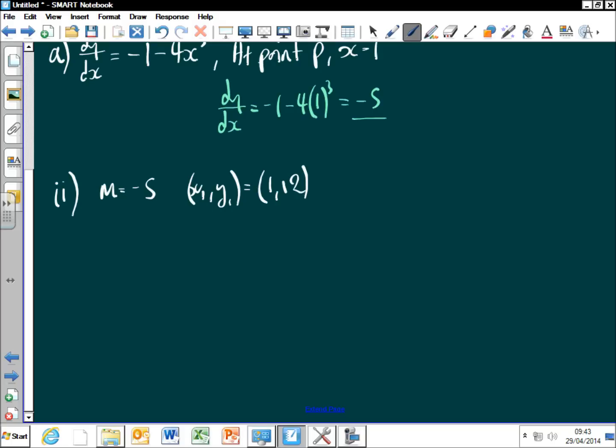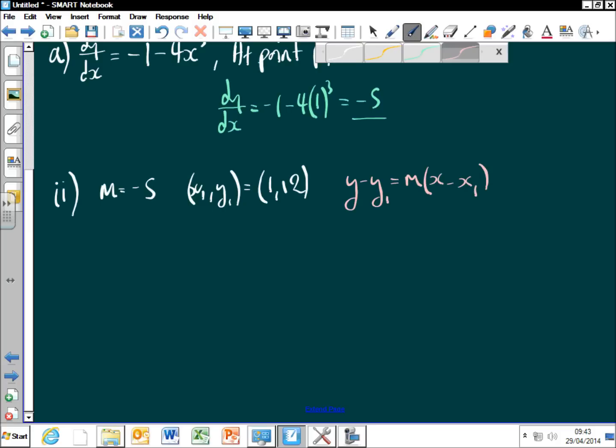Okay, so I can just use that line equation that we were just using on the previous question, and substitute in the values that I need. So therefore, y take away 12 is equal to -5, x take away 1.